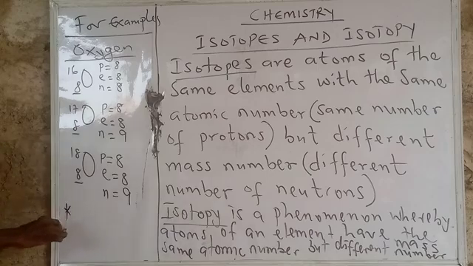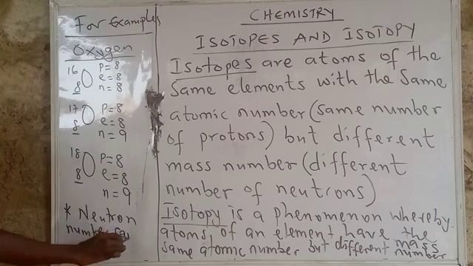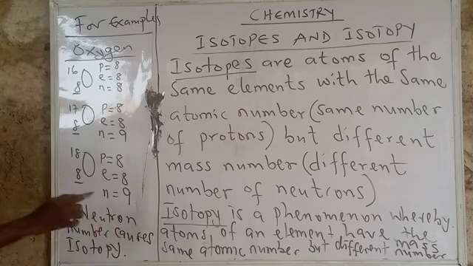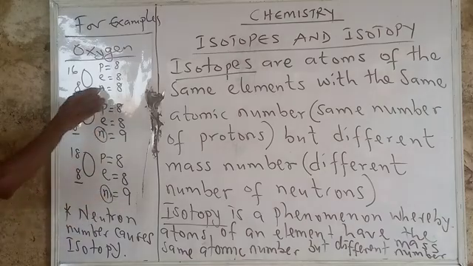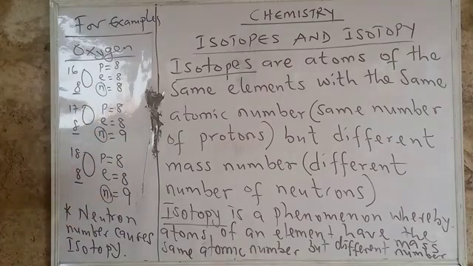So take note. Neutron number causes isotopy. The difference in the number of neutrons is what causes isotopy.